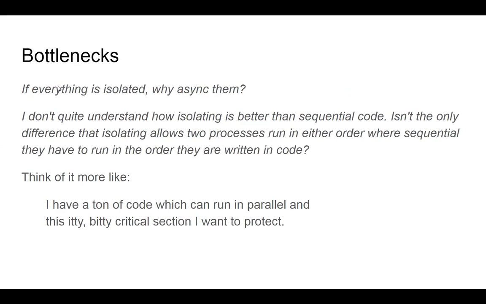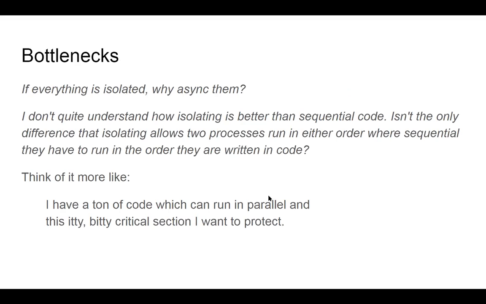I liked a lot of these questions, like, if everything is isolated, then why async them? Outstanding question. What I'd like you to think of is that the silly little program at the beginning that does async and immediately globally isolates x+1 and x-2 or whatever it is, is kind of a contrived example.